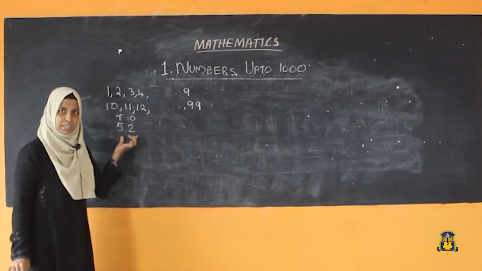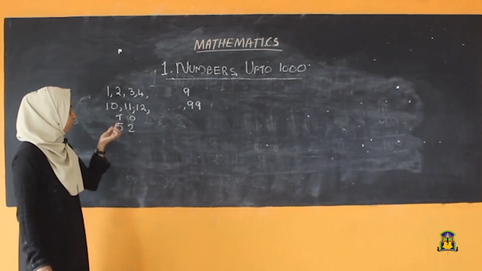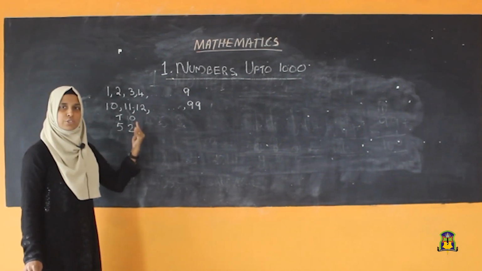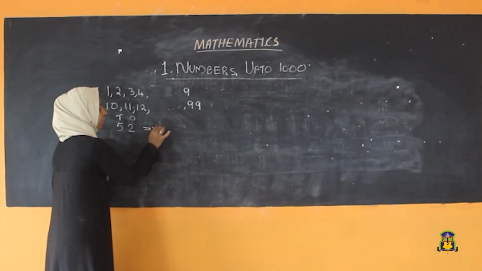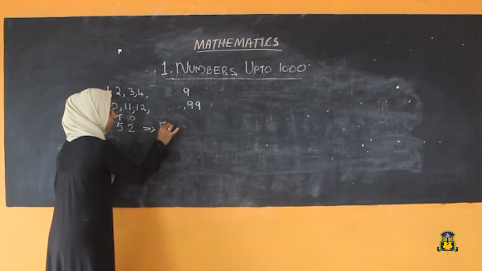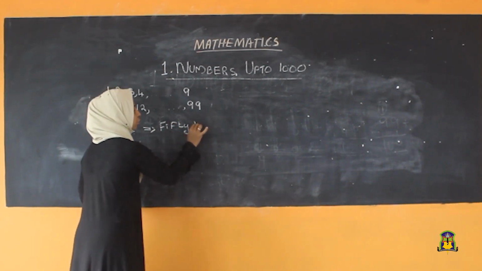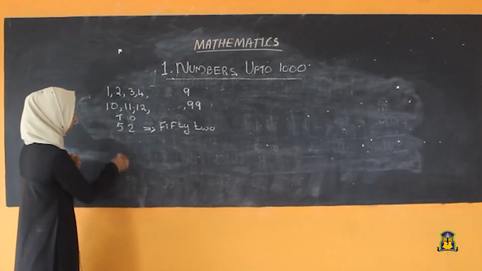It's a two digit number. We can read it as 52. 5 tens, that is 50, and 2 ones, 52. How can we write it? What is the spelling of 50? F-I-F-T-Y, 52.